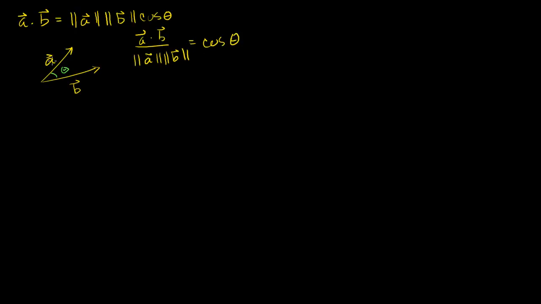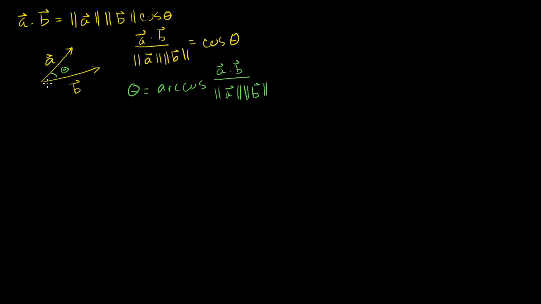And then to solve for theta, you would take the inverse cosine, or the arc cosine, of both sides. And you would get theta is equal to arc cosine of a dot b over the magnitudes, or the lengths, of each of those vectors multiplied by each other.